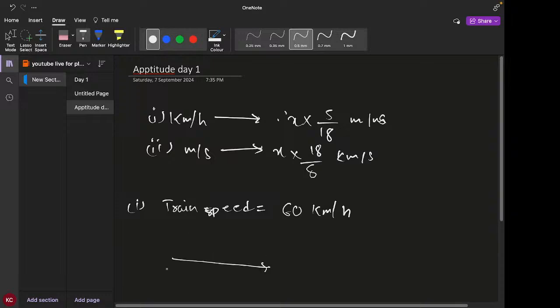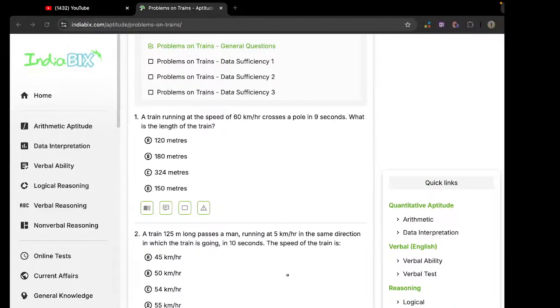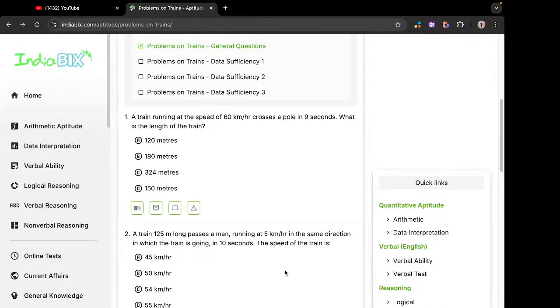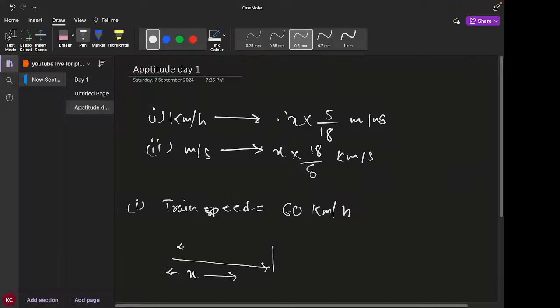Let's suppose the length of the train is x, and there is a pole. It crosses the pole in 9 seconds. The time is 9 seconds. Then what is the length of the train? We should consider the pole length to be 0 because the train is so much bigger.